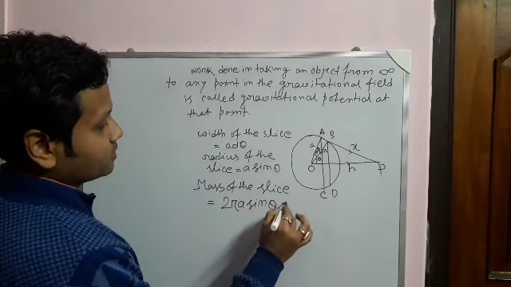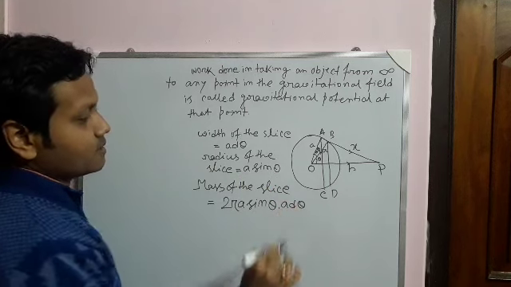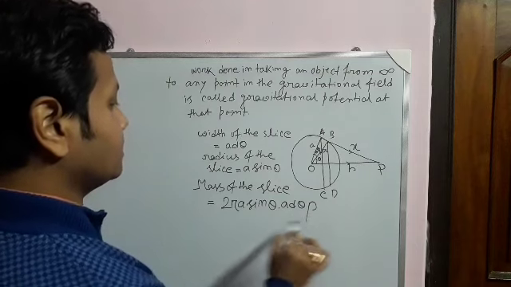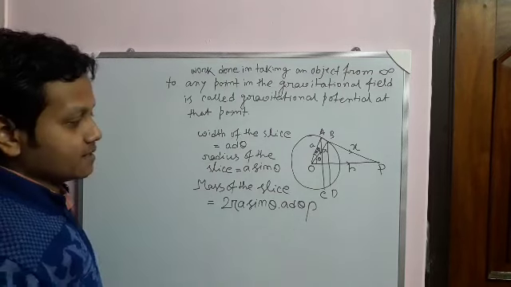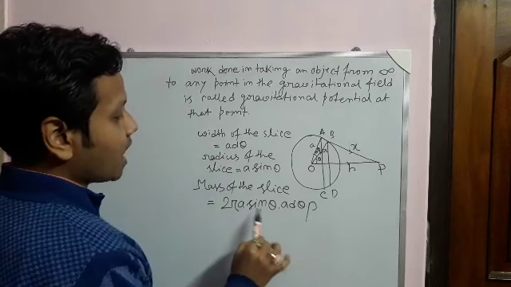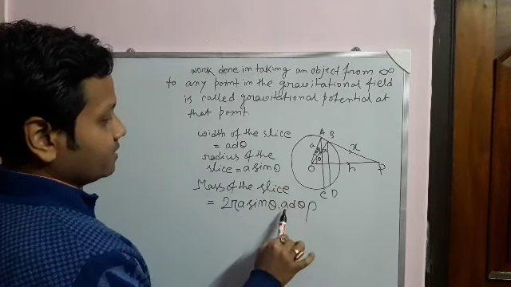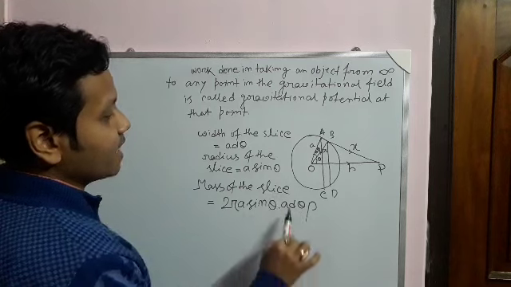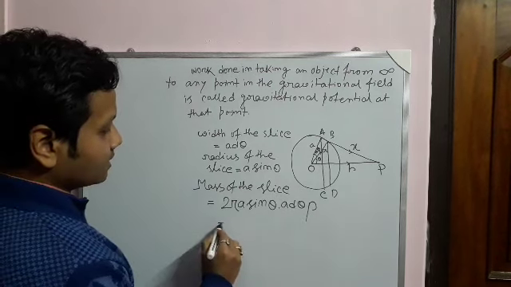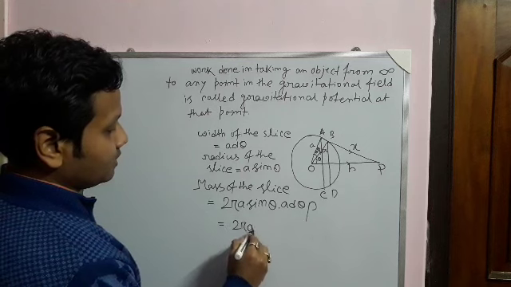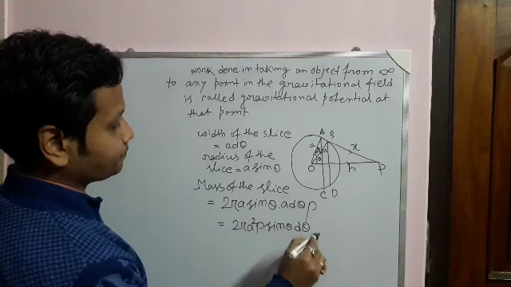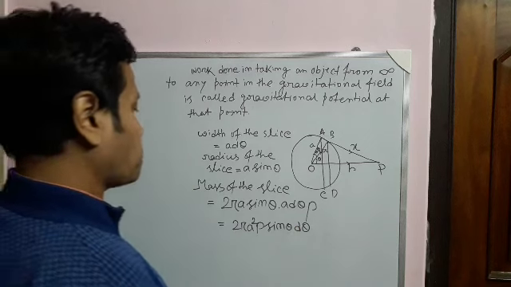A d theta. This is the area, and mass per unit area is rho. So this is the mass of the slice: 2 pi A square rho sin theta d theta. Okay.